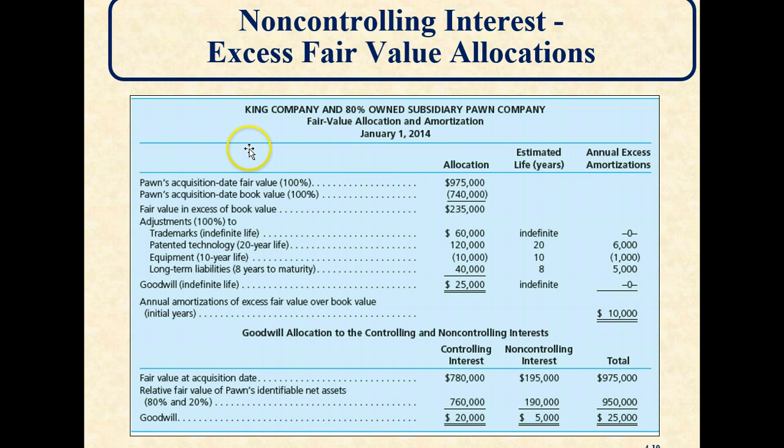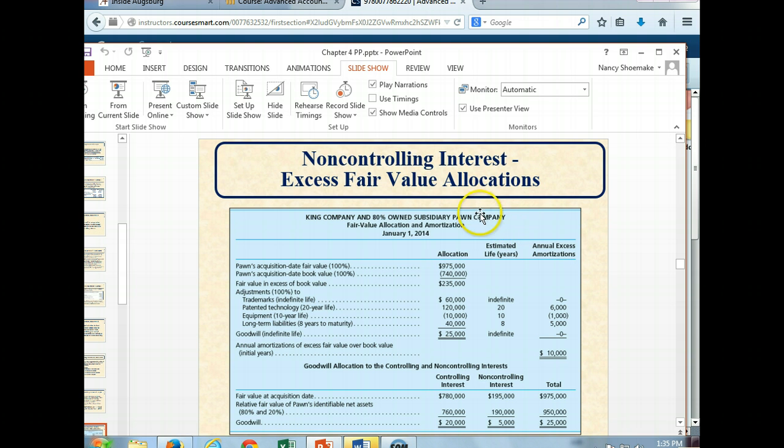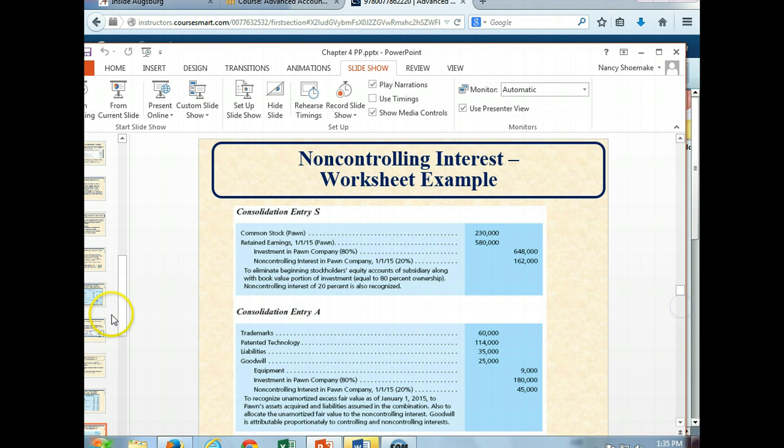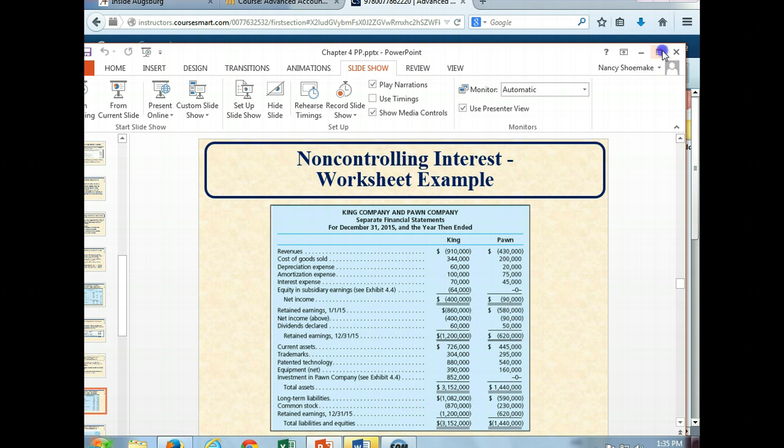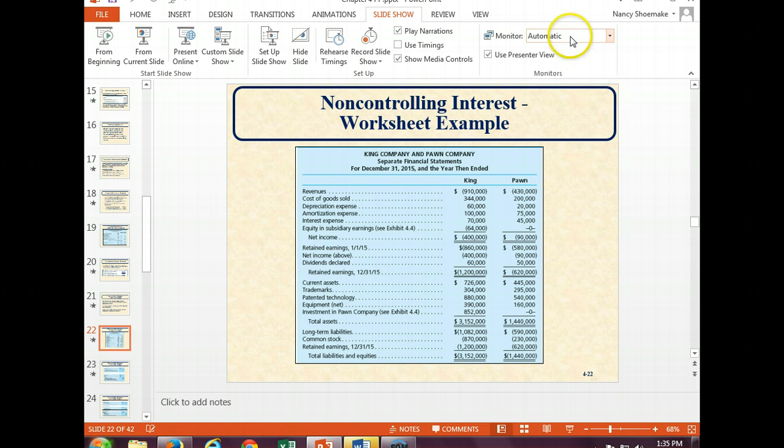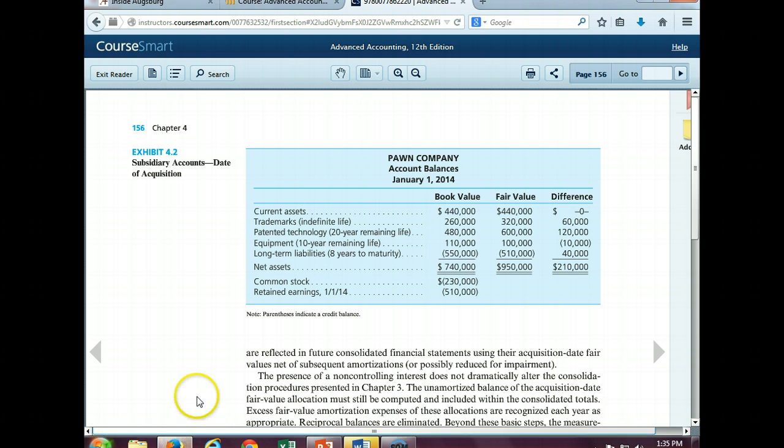Let me go into this book real quick because it gives us a little more information.